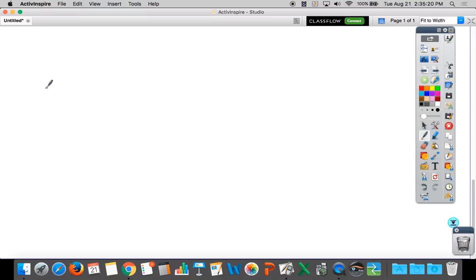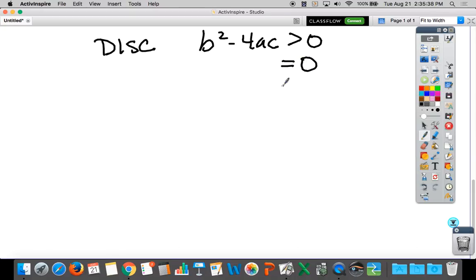So do y'all remember that when we did discriminant, it was b squared minus 4ac. If we had 2 roots, it was, if we had 1 root, it was, and if we had no roots, it was, okay?